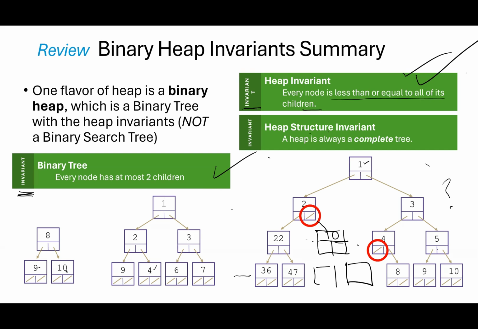In the final level, I have, say, 5 nodes, and I can accommodate 8 nodes. So if I have 5 nodes, these have to be here, from the left. It should look like this.